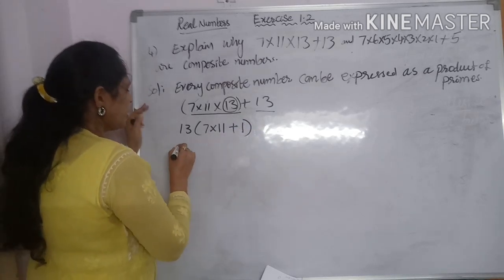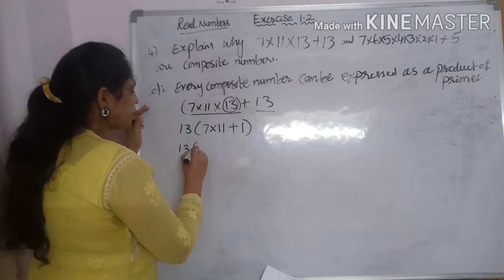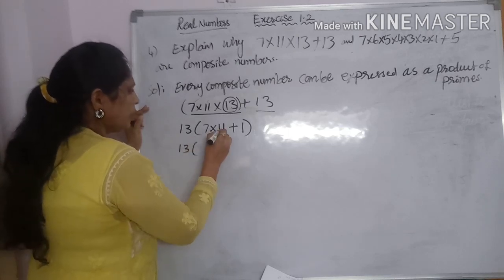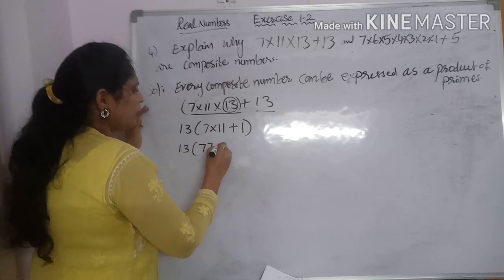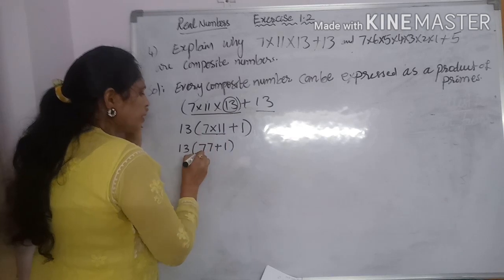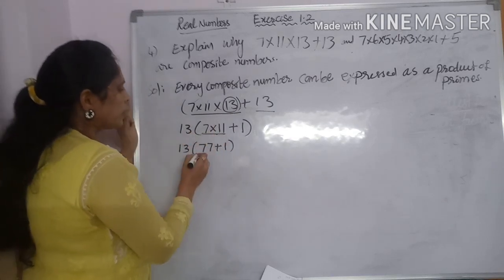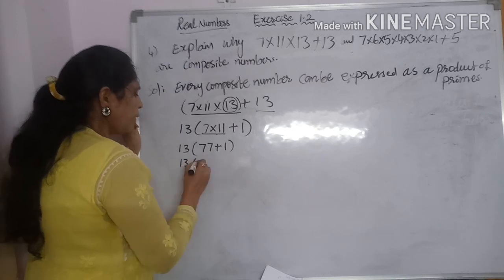Then how can we write it? 7 elevens are 77, plus 1. 7 into 11 means 77. We should multiply. 77 plus 1 means 78.